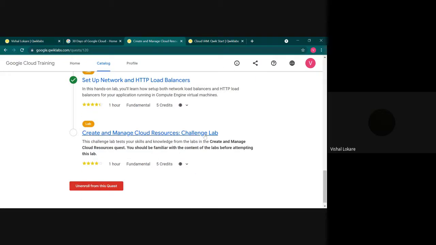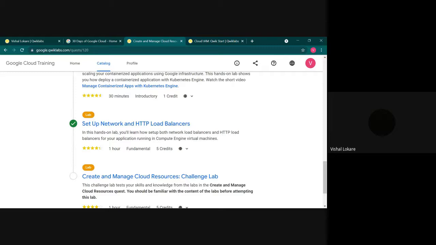After you complete the challenge lab, you will get a skill badge. That's the only difference. In the challenge lab, there will be some tasks that you have to do on your own, based on what you've learned in the previous labs. So this will be a bit tricky, but all the other labs are very well defined and structured, where you just have to read from Quick Labs and perform on GCP.